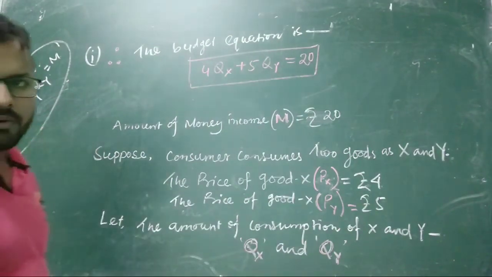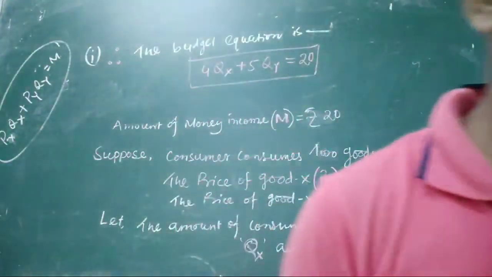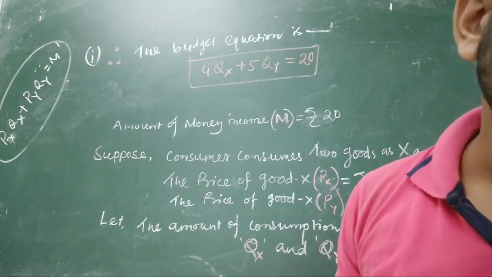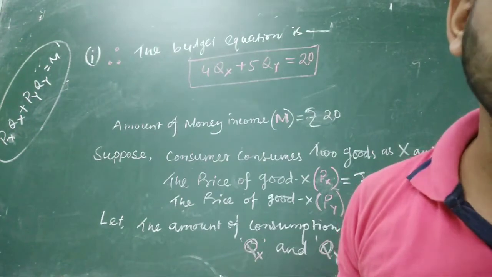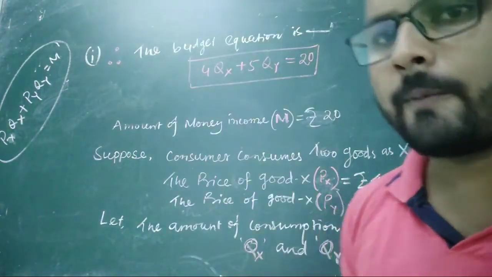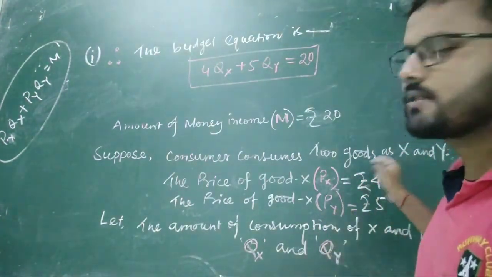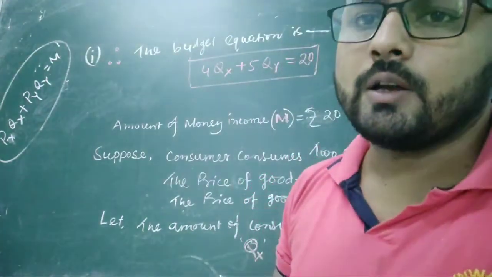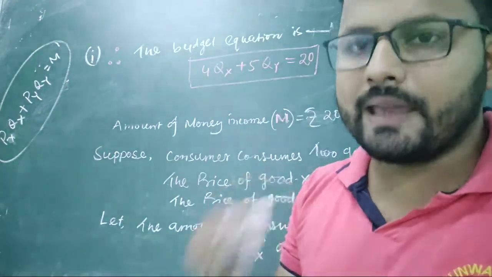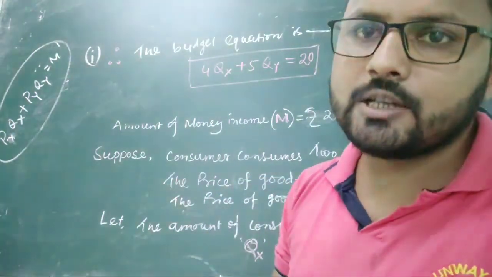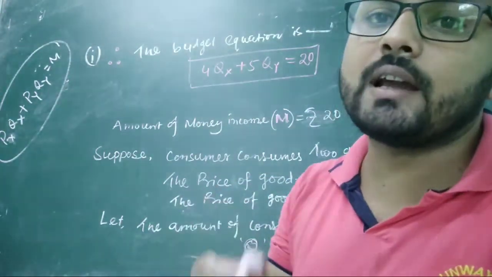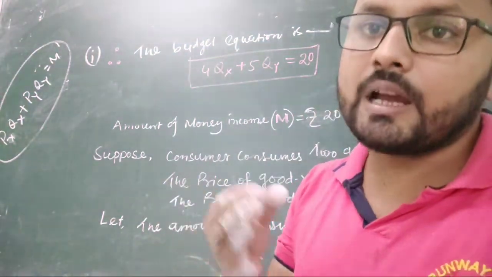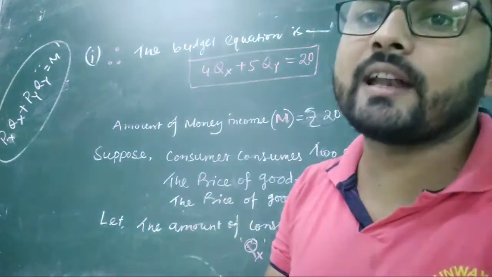Next question was, how much of good one can the consumer consume if she spends her entire income on good one? Good one means good X. So the question is, what is the quantity of X if a consumer spends his entire income on good X?